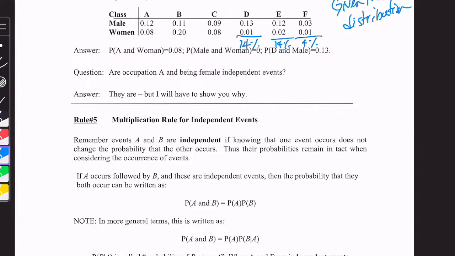And then this one was 17, and this one was 31, and this one was 20. Okay, so if you were to bet on the occupation class of the next person in the room, you would probably bet B, right? It's the highest. You have nothing else to go on.